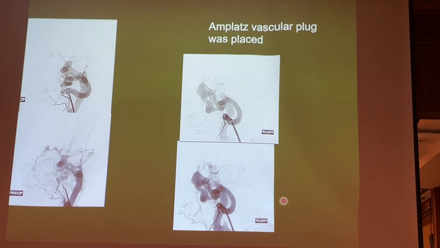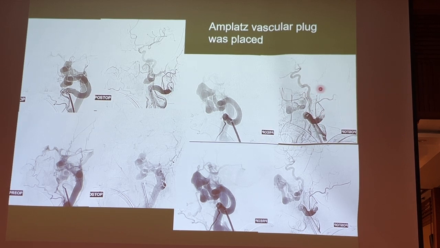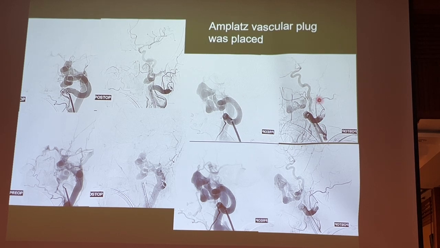And this is the angiogram. They were doing this nice thing, and this is pre and post. They were putting ampullous vascular plugs a little proximal, mainly on the arterial side, and we still have some kind of slow flow stagnation in the vein, and this is the one that I will bring later on to follow up with. I need to put something else.